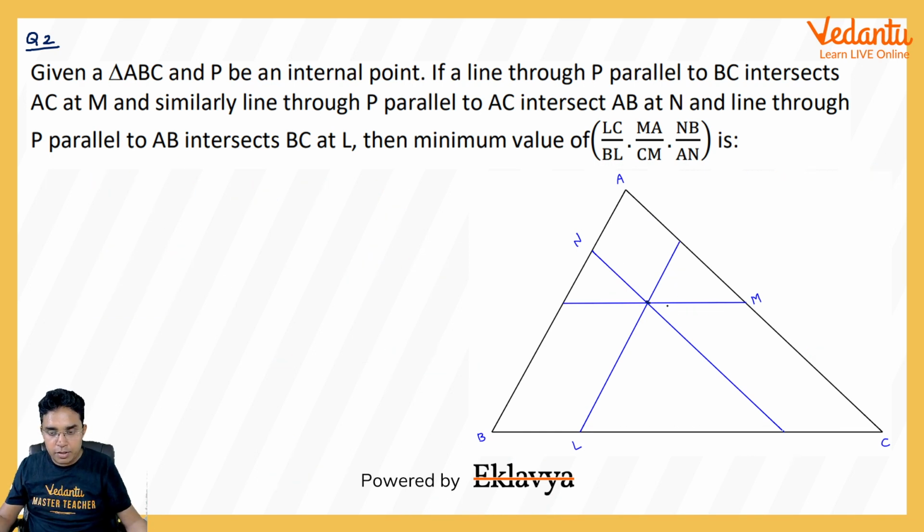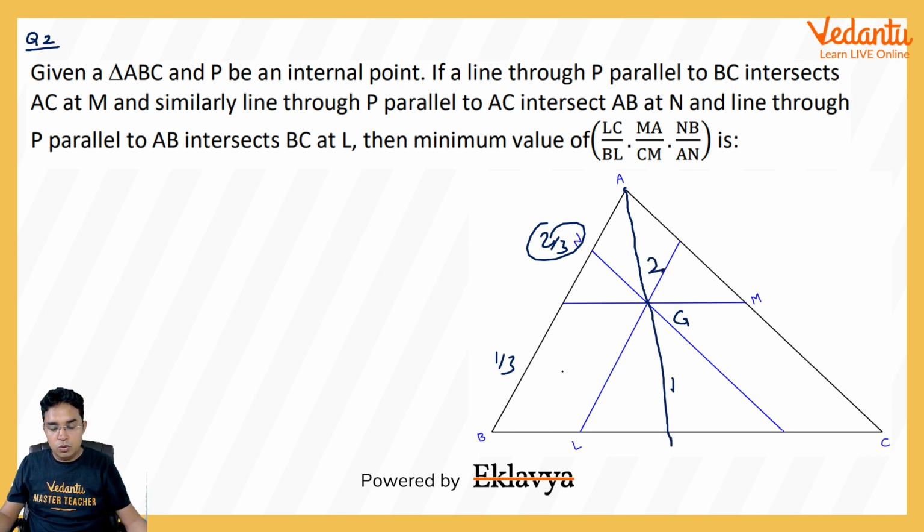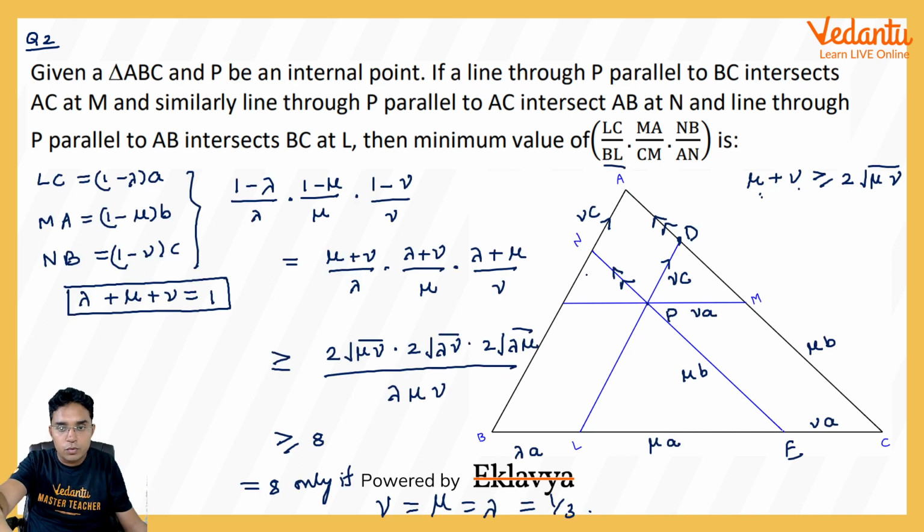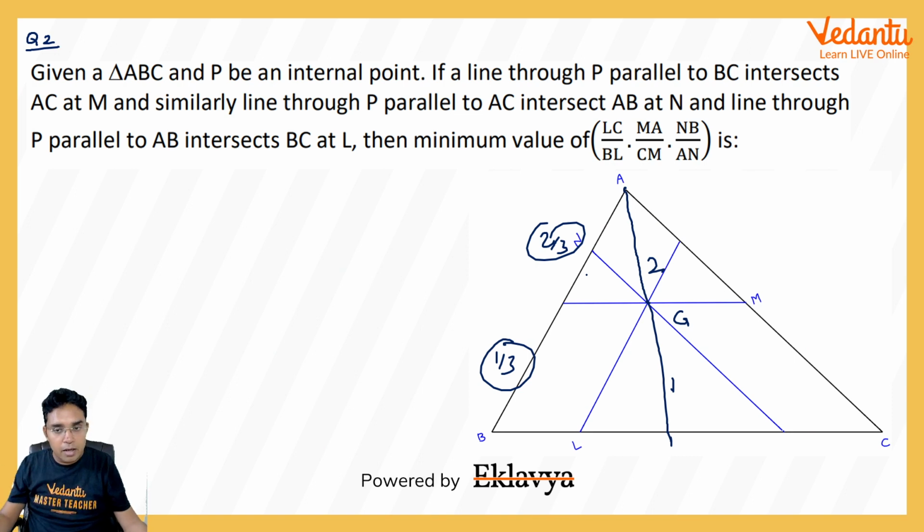Suppose it is the centroid, that means for a line passing through G, it will be 1/3 here and 2/3 here. Yeah, so that is wrong actually, because if you join G with AD, 2 is here, 1 is here, so it will be 1/3 here, 2/3 here, but we are getting it opposite. So to get this minimum value, this P will not be like this, it will be otherwise.